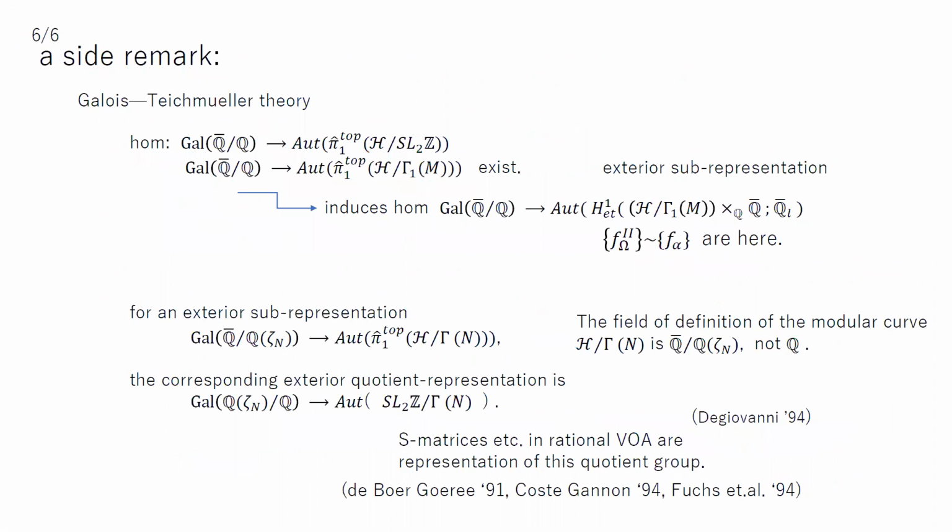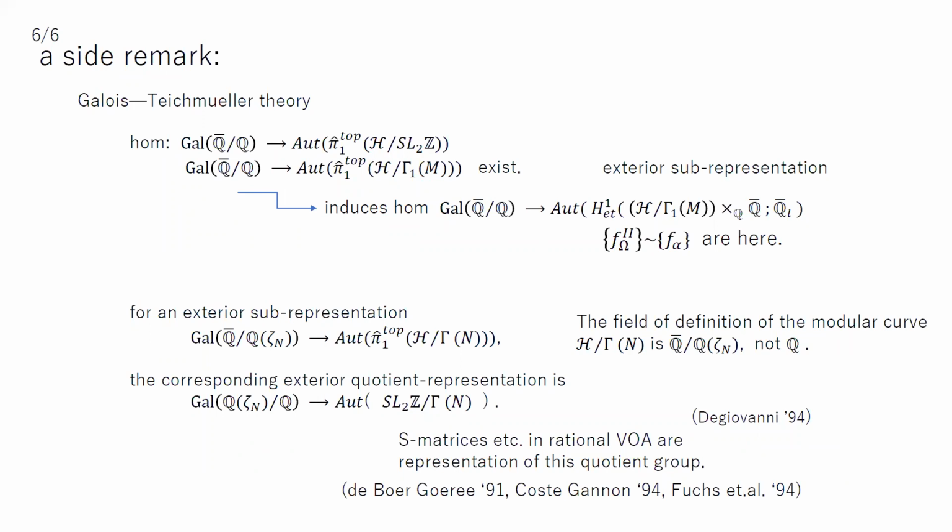Back in the early 90s, people studied the rational CFTs, rational vertex operator algebras. There are finitely many irreducible representations of the chiral algebra, and on top of it, for those characters, the SL(2,Z) modular transformations act through some representations.